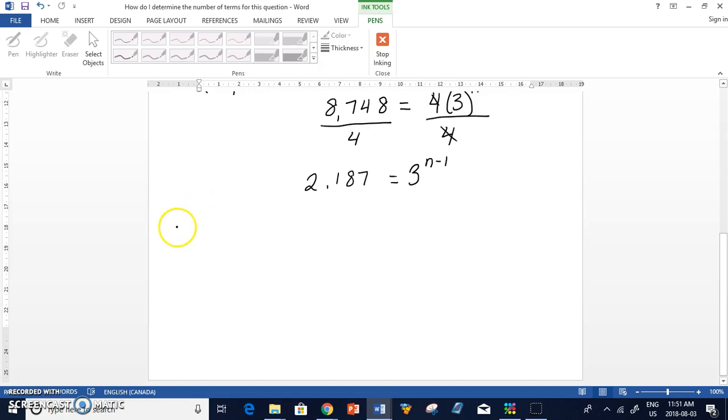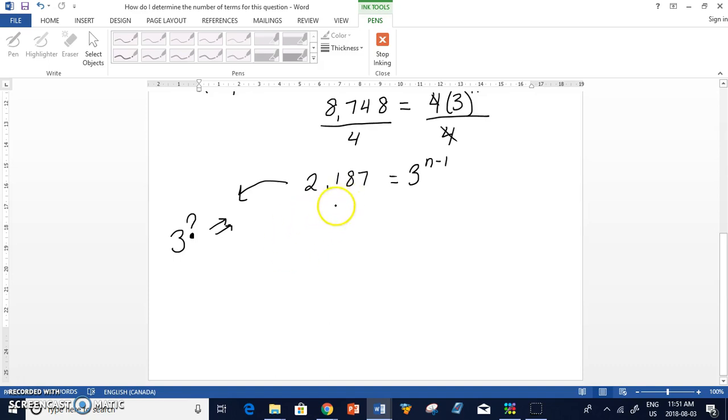Okay, now you are not using logs, and so the way to solve for this is if you can express this value, 2,187, as an exponent with base 3. Okay, so 3 to the power of what equals 2,187?